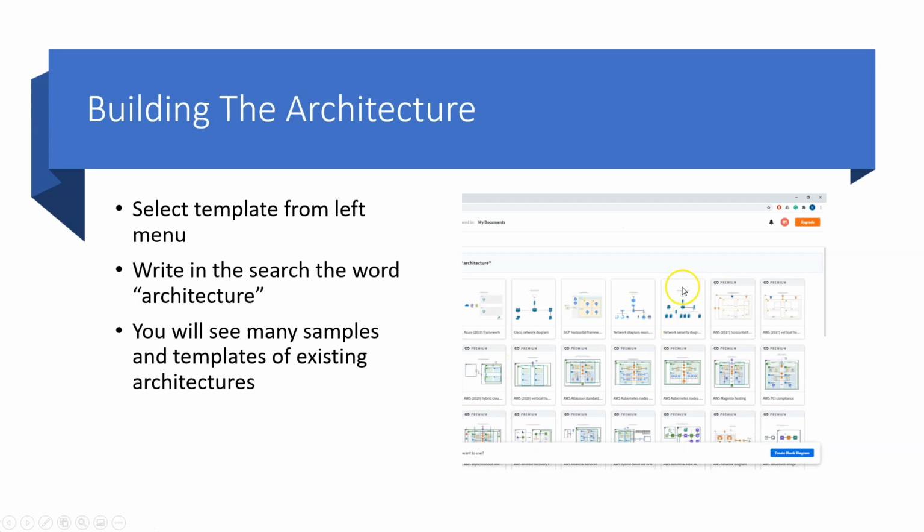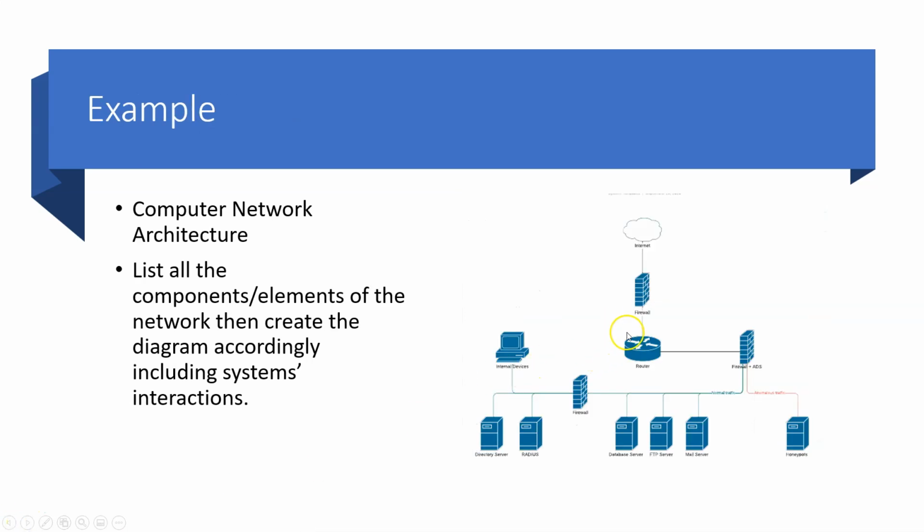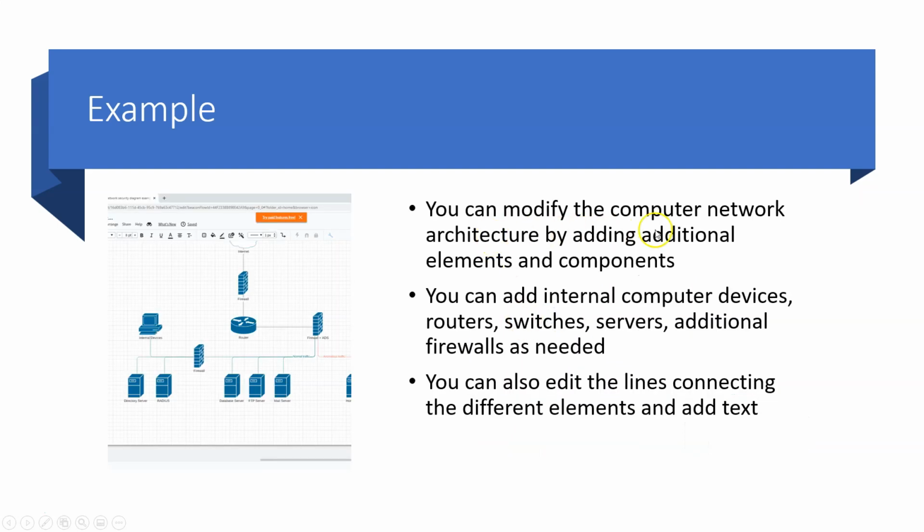As you can see here, it's free. It's not under premium, it's under basic. Once you select it, you can edit and add. If you need to add more elements, you can do as needed. You can modify the computer network architecture by adding additional elements and components.